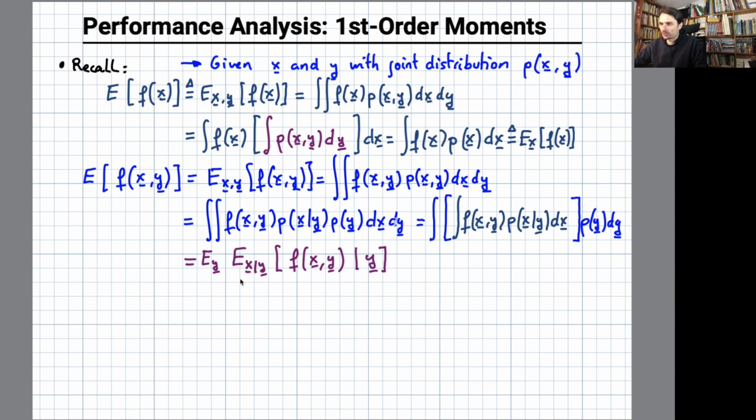So averaged over y, right? So therefore we find that the expectation of this function equals the expectation over y of the conditional expectation over x given y, right? And this is a general fact for expectations that is often very useful in our derivations.